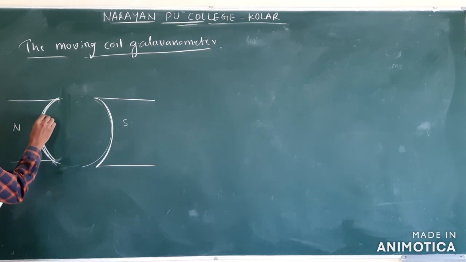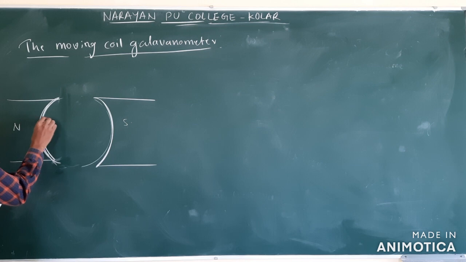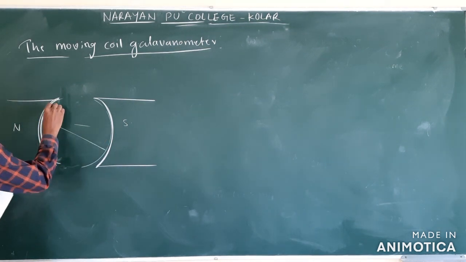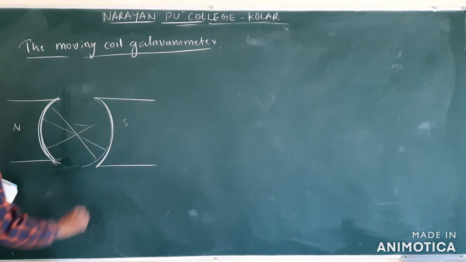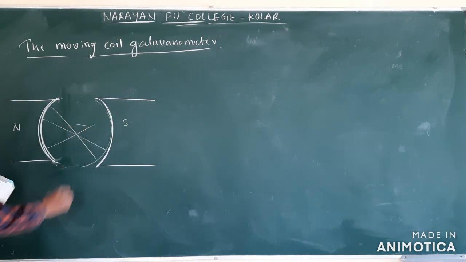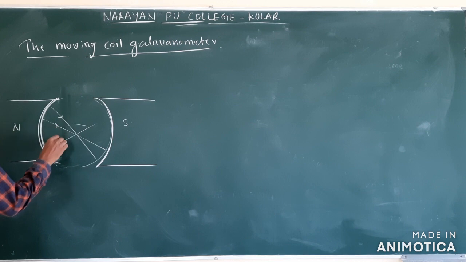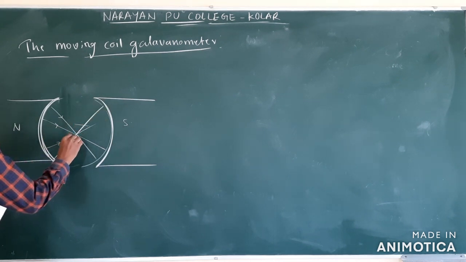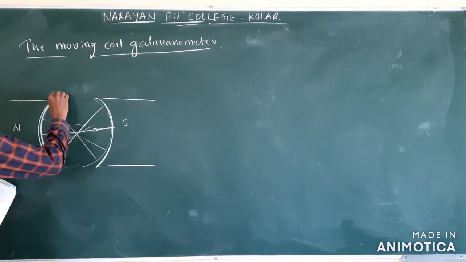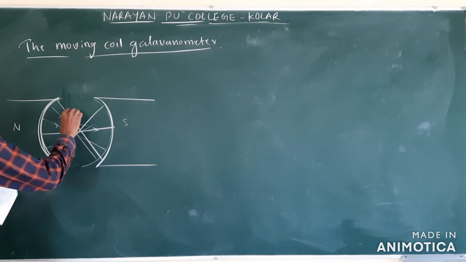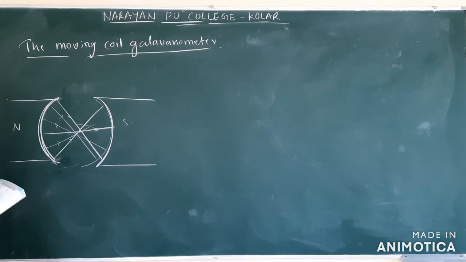A circle. So the field acts from north to south. If you draw any line perpendicular to the curve, it passes like this. This is called the radial field. Any line you take passes through the center or acts along the radius. So this field we call a radial field.